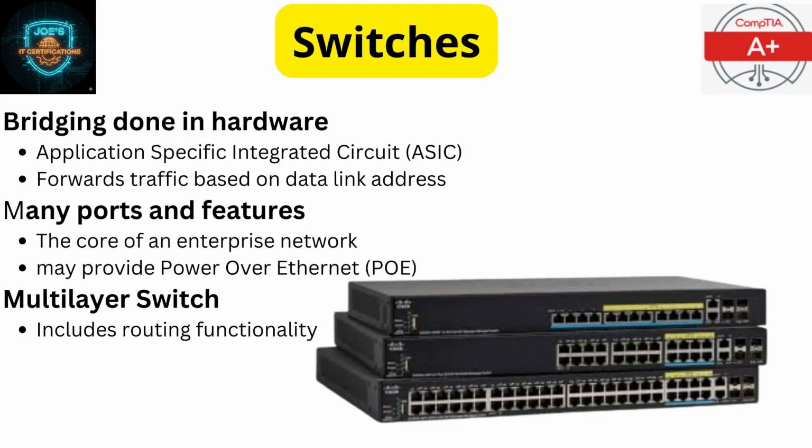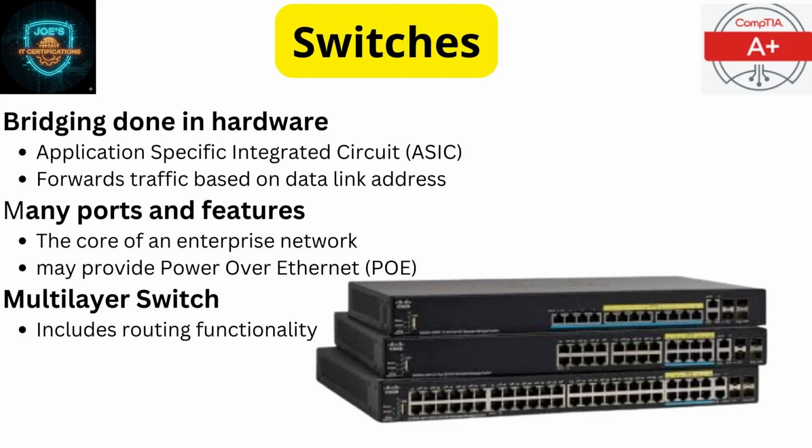Since most of the wired devices on your network are connected to a switch, these switches have to have a large number of interfaces on them. They might be a 24 or 48 port switch in the case of a workgroup switch, and in the core of our network, we might have switches with hundreds of interfaces on them. This is also where you might have power over Ethernet capabilities, so that you would run both Ethernet data and power over the same wires.